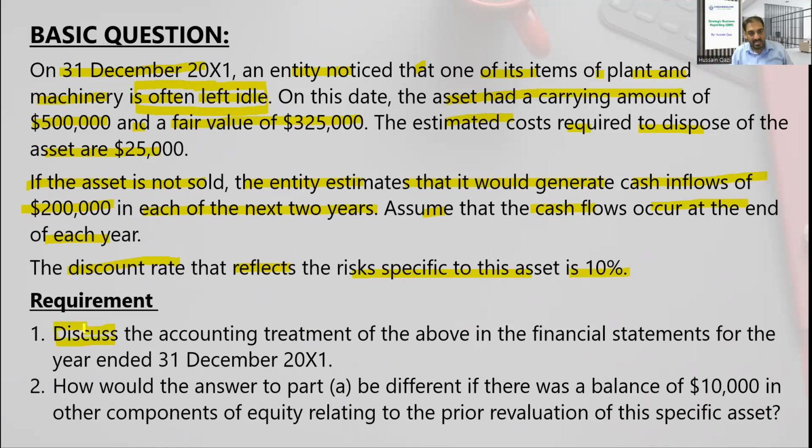Requirement. Discuss the accounting treatment of the above in the financial statement for the year end 31st December X1. And how would the answer to part A be different if there was a balance of 10,000 in OCE relating to prior revaluation of a specific asset?